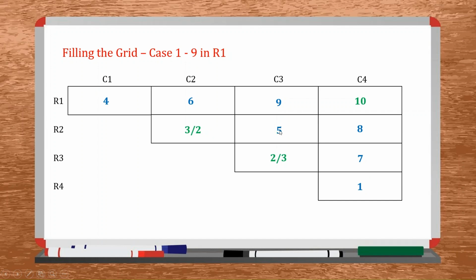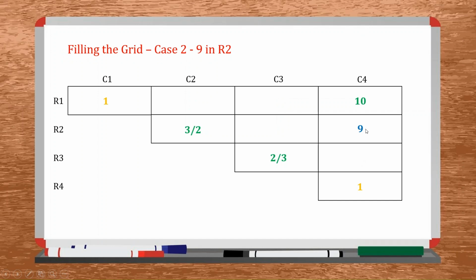So we'll be placing 5 here. So this looks like a possible solution. This is satisfying all the information that has been provided to us. It does not interfere with any of the information that we have.